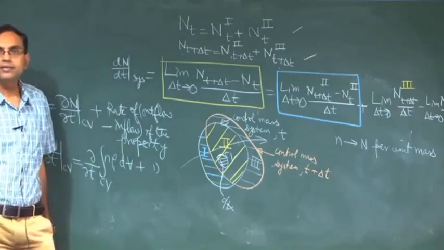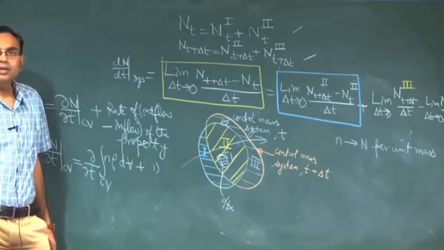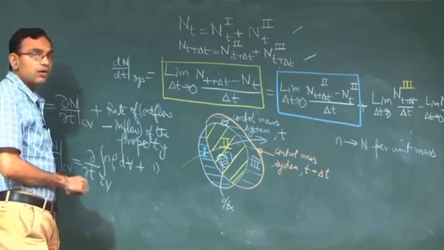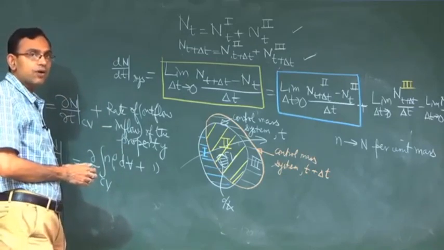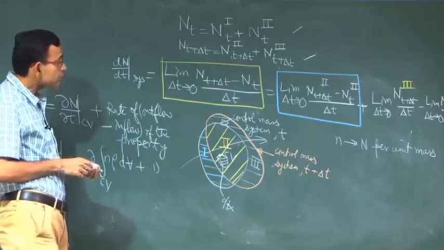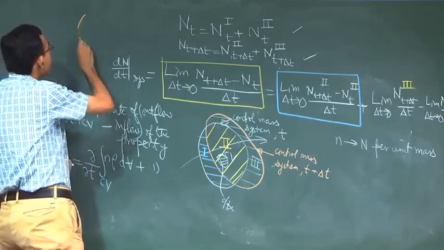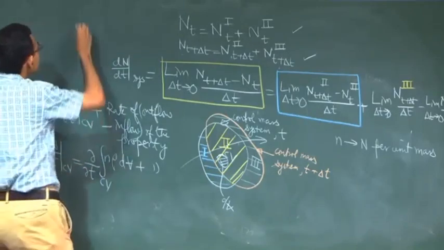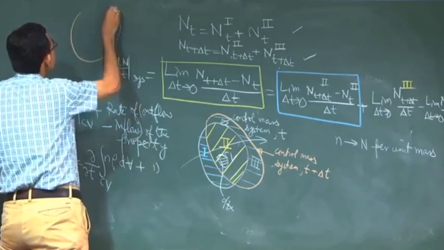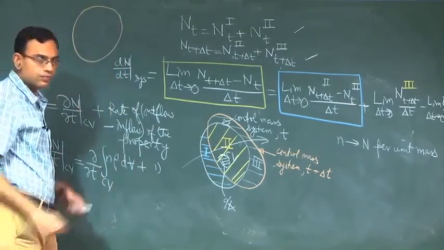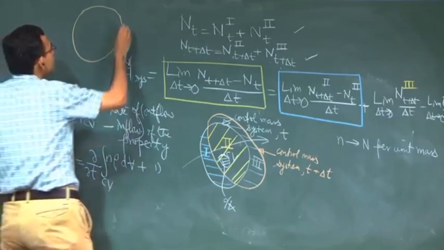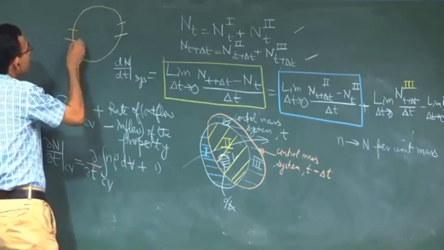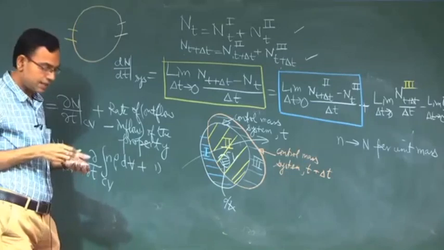So, we will calculate the term rate of outflow minus inflow. How do we calculate this term? Let us say that there is a control volume, this is an outflow boundary and this is an inflow boundary, just as an example.